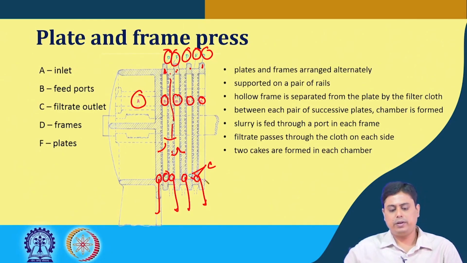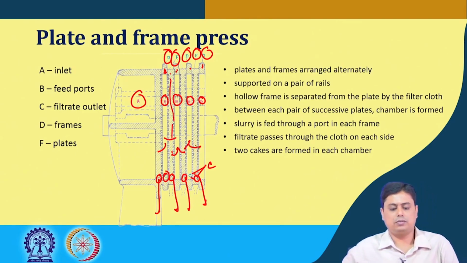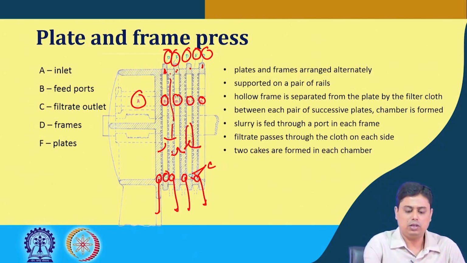So which means when the slurry is fed through the port of each frame, filtrate passes through the cloth on each side. On each side the filtrate crosses. That means two cakes simultaneously form on both the sides.